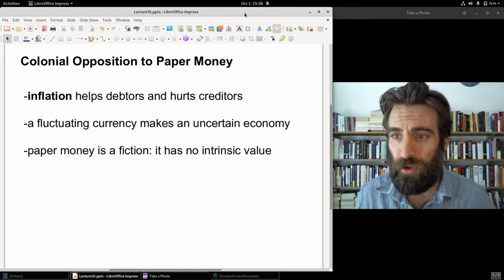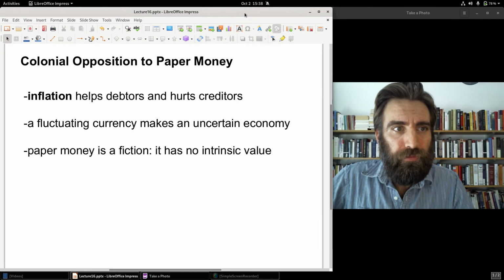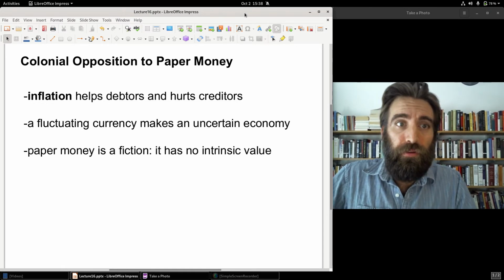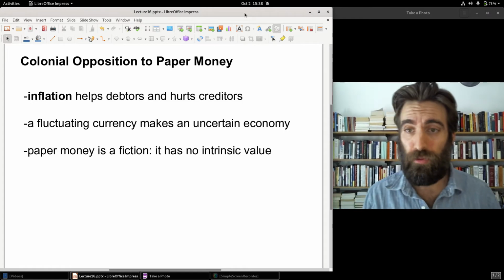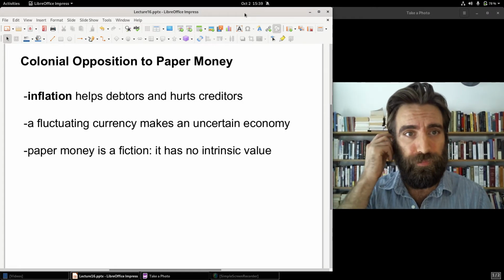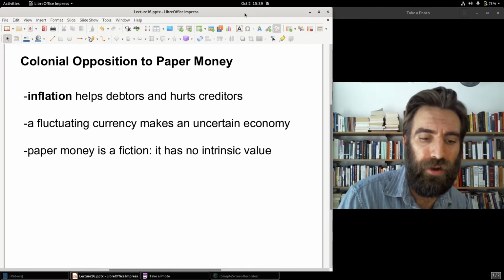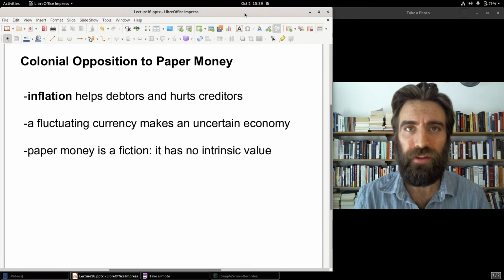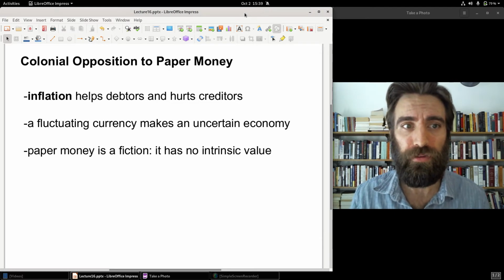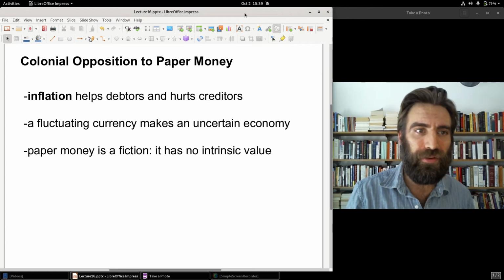Now, there was a lot of colonial opposition to paper money. The first point, in the case of some of these colonies like Rhode Island, where there was a lot of inflation: one of the reasons was that debtor interests had occupied seats on the legislature and intentionally inflated the currency to help them pay off their own debts. This happened in some of these colonies.